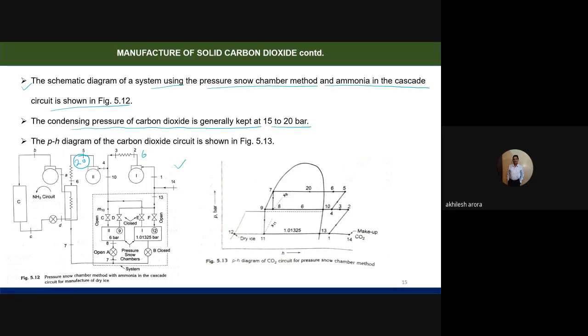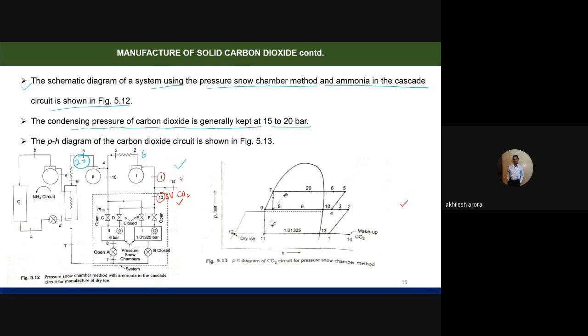So let us once again try to compare the schematic diagram with the pH diagram. So let us start from point number 1 here. At point number 1, here we were having the vapor of the CO2. This is saturated vapor of CO2.